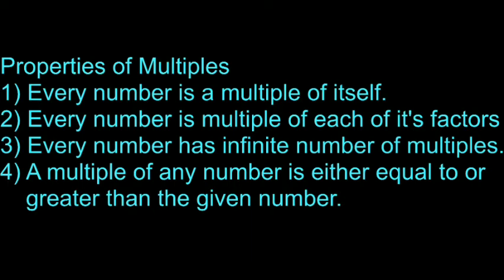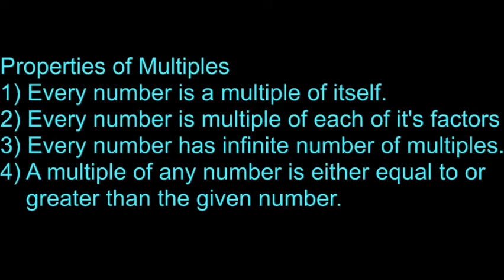Whenever you multiply a number with a number, you will get a multiple. So there are infinitely many. We cannot say how many multiples 4 has. It is going on. 4 into 1, 4, 4 into 2, 8, 4 into 3, 12, like that it is going on.